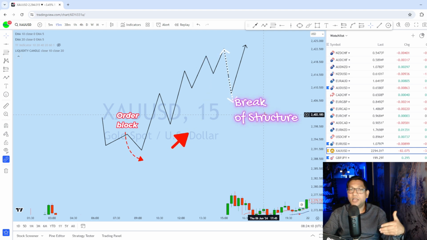Now, as a smart money trader, the best way to trade is to wait for the break of structure. Because when there is a break of structure where there is high liquidity, this is where the impatient traders get stopped out. There are two ways that a break of structure can give you a high probability trade setup.